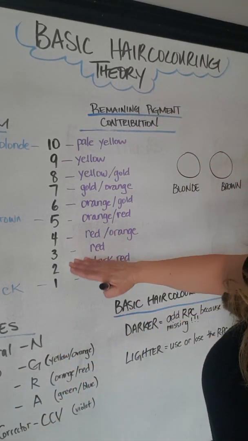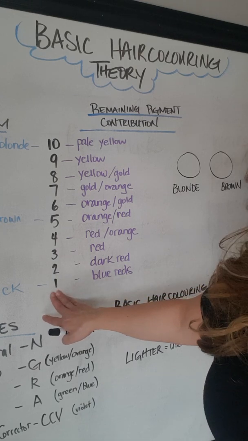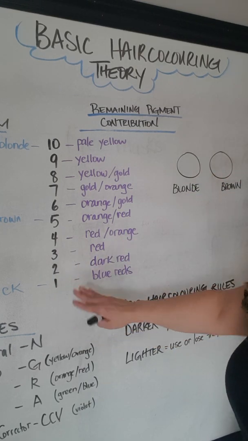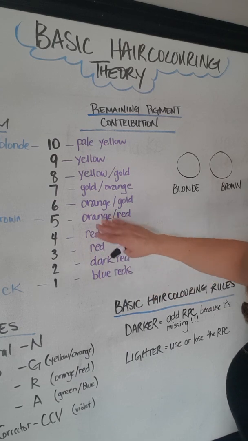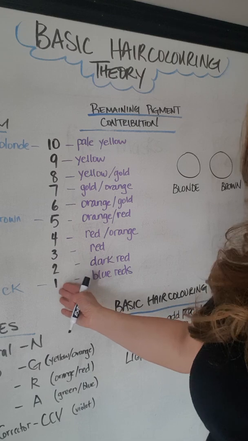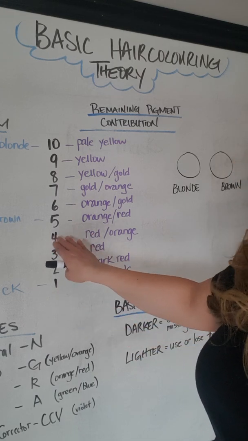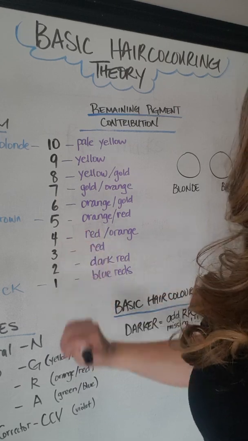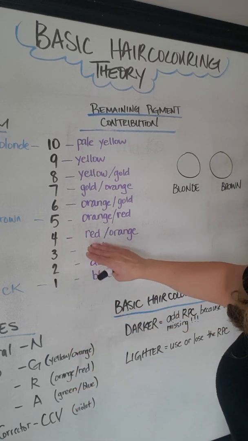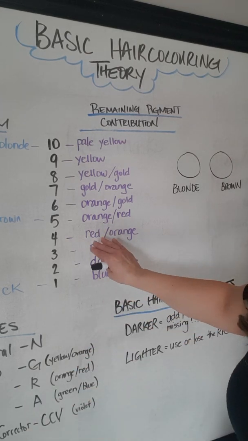So any color formula that you are designing for your client. As we lighten the hair, if we're starting with someone who has really dark hair, these colors will start to pull up as they lighten the hair. So if someone has level 1 hair naturally and wants to be in and around a 4, let's say they just want to lighten a few levels, what is going to be exposed are a lot of reds and oranges.